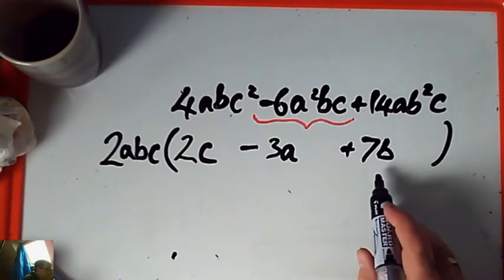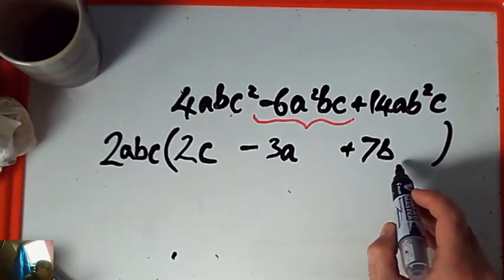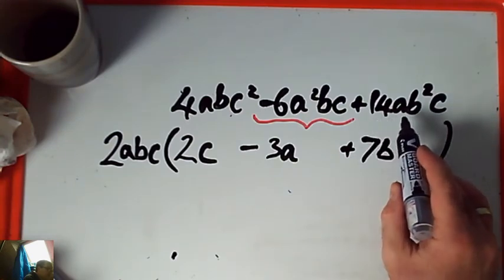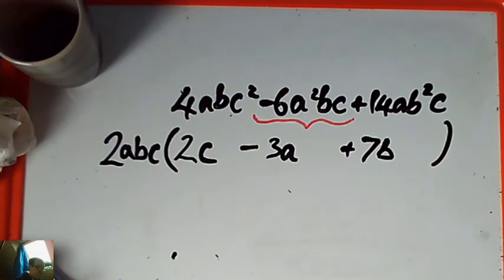So 7b goes there. 2abc times 7b gives us 14ab squared c. So the factorization is 2abc outside the brackets and 2c minus 3a plus 7b inside the brackets.